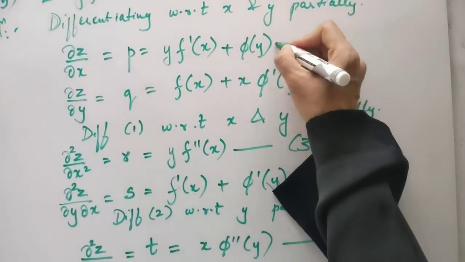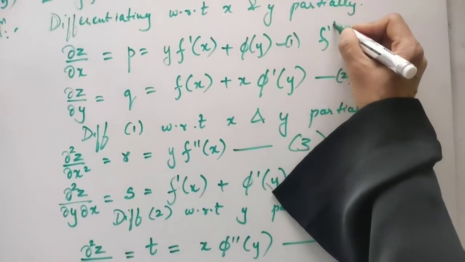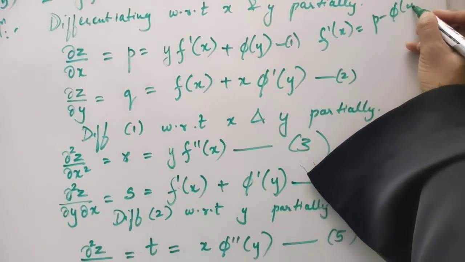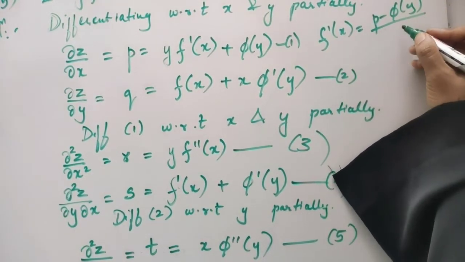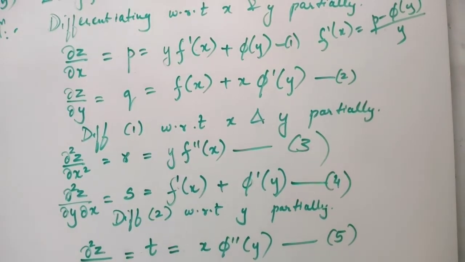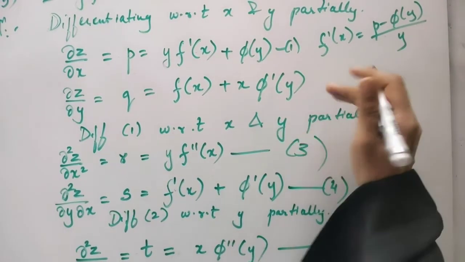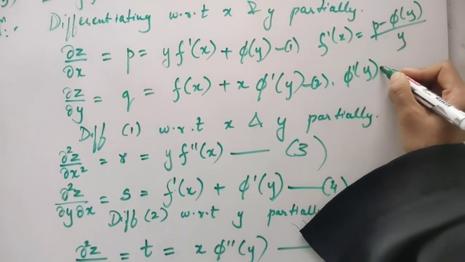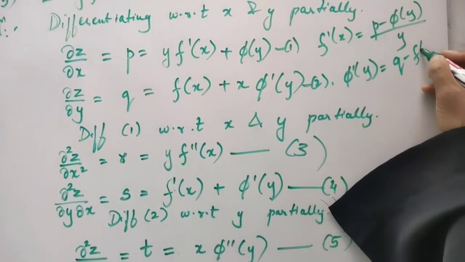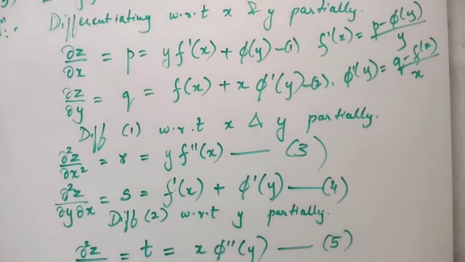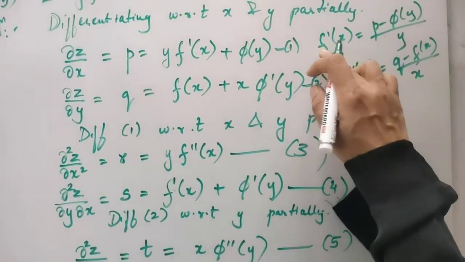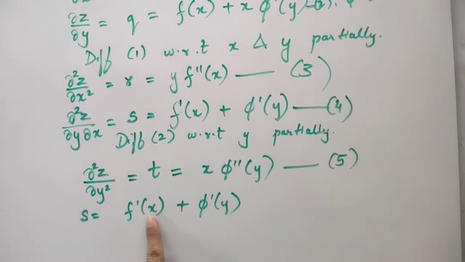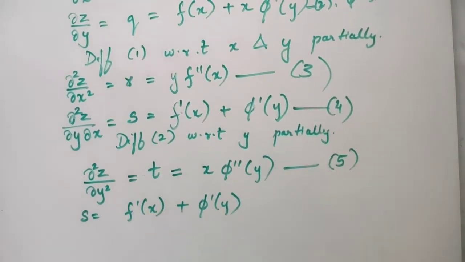This is equation 1. f'(x) from here is (p − φ(y))/y, is it not? Similarly, from equation 2, what is φ'(y)? It is (q − f(x))/x. So these two values of f'(x) and φ'(y), I'll substitute in equation 4.